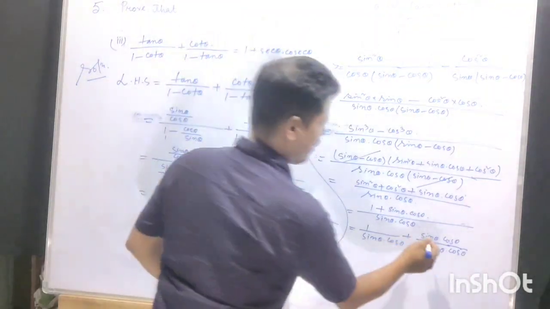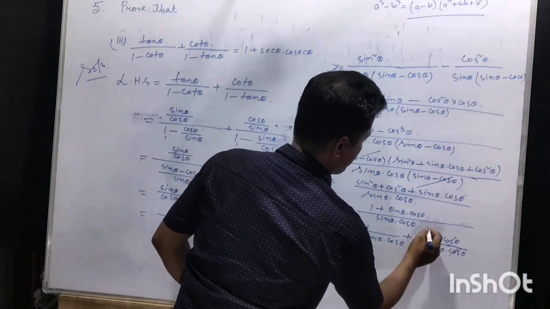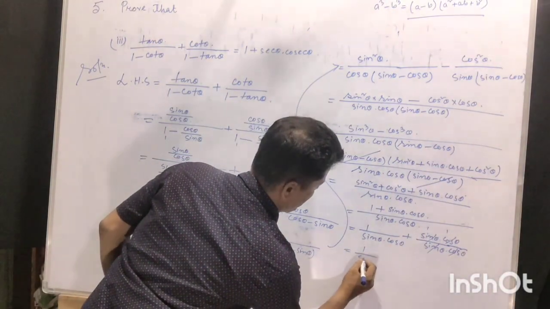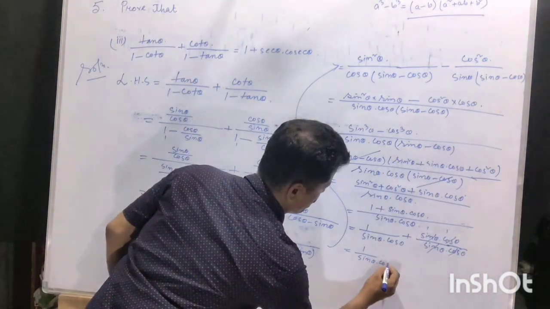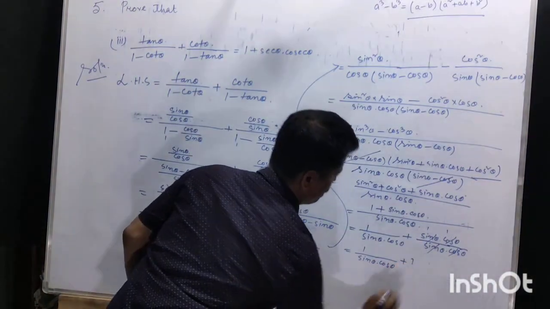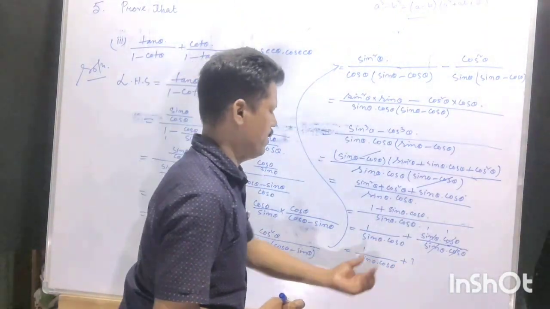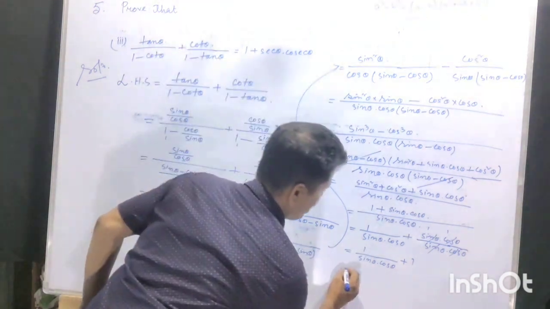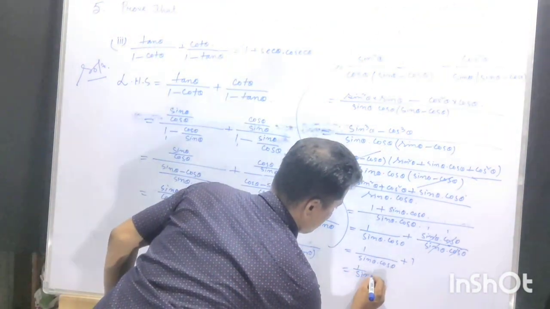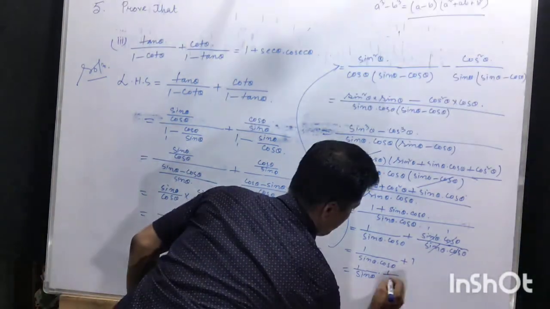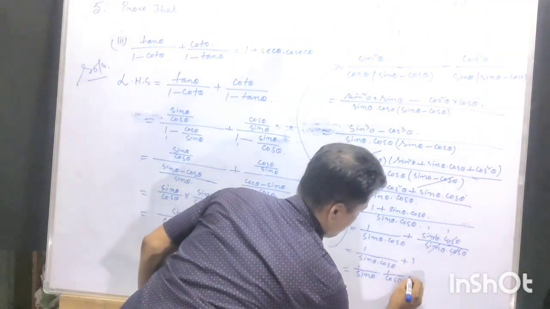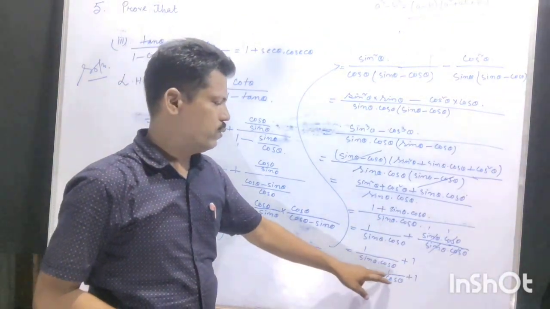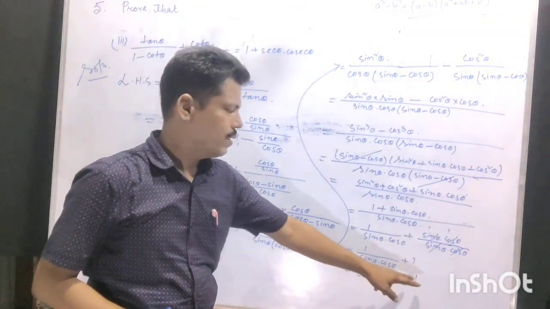It will be 1 if we cancel, so 1 into 1 means 1. So 1 by sin theta into cos theta plus 1. This one we can also write as 1 by sin theta into 1 by cos theta plus 1. So 1 by sin theta means cosec theta, into 1 by cos theta means sec theta, plus 1.